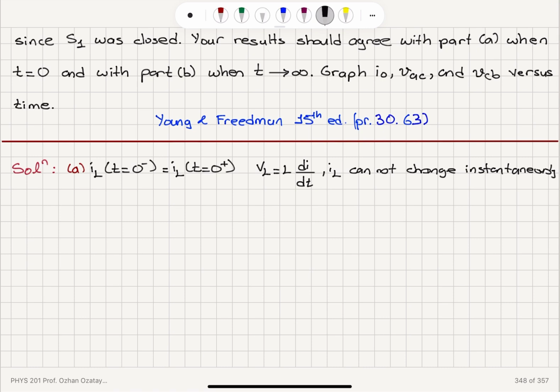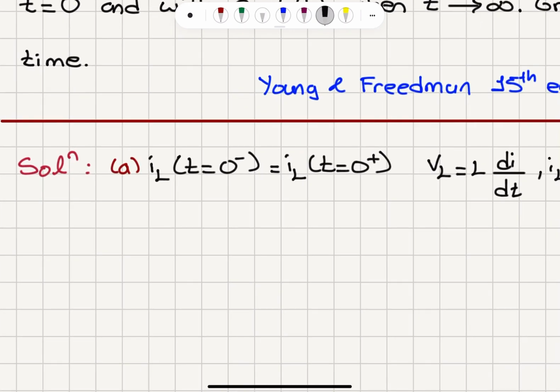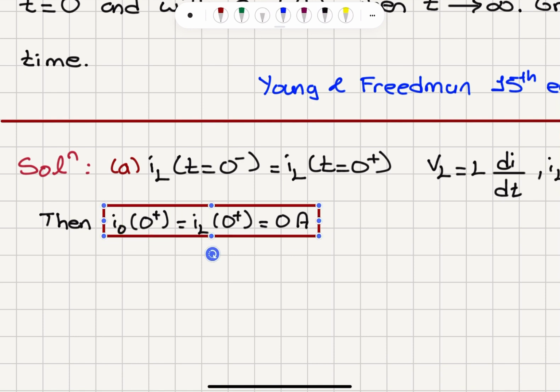Okay, so with that, I can say that the current through the resistor R0, I0 at t equals 0 plus, right after the switch is closed, is equal to the current through the inductor at t equals 0 plus, which is 0 amperes. So there is no current flowing through this branch at t equals 0 plus.